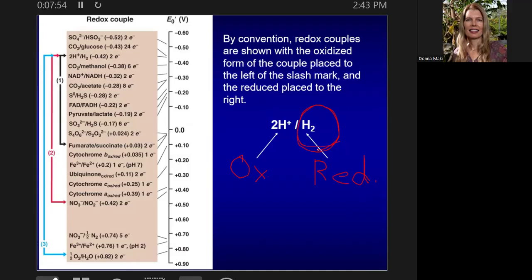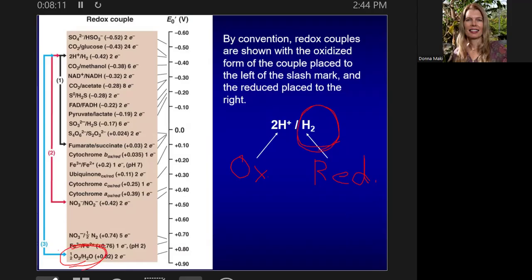Now it kind of flips when you go into the positive portion of the tower. If you look, oxygen's at the very end, and no matter what redox tower you're presented with, I guarantee you, oxygen will be at the very bottom, all right? So you see oxygen slash water.